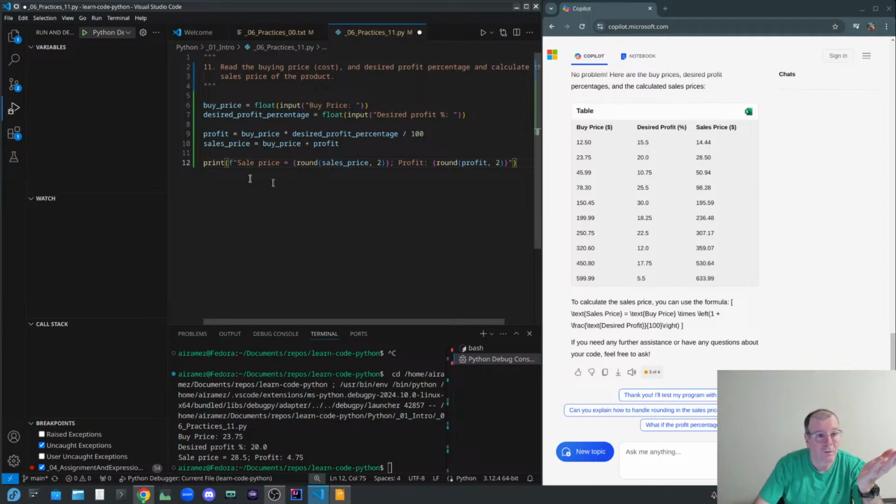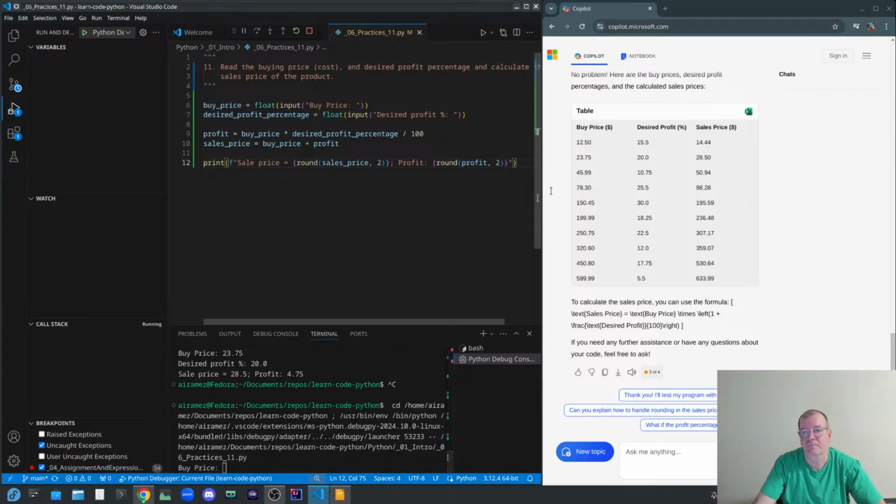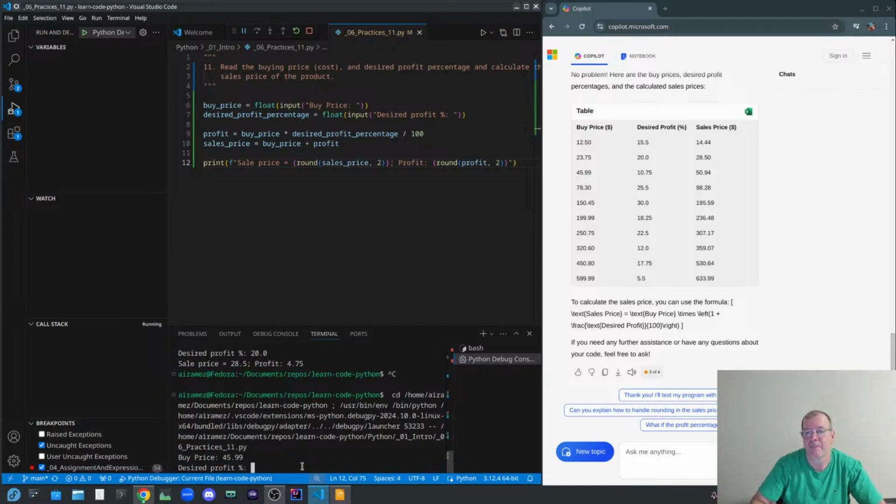Okay, so now you can understand why you have so many bugs, because those little details can really go unnoticed, and we don't check them. Cool. So let's keep testing. Let's put something like this: 45.99 and 10.75.